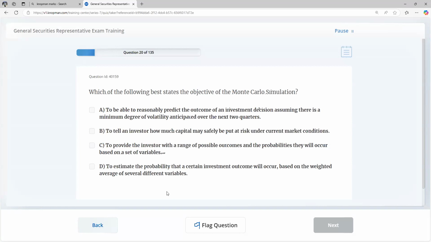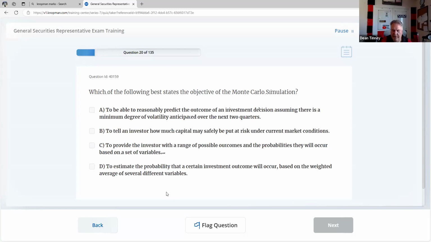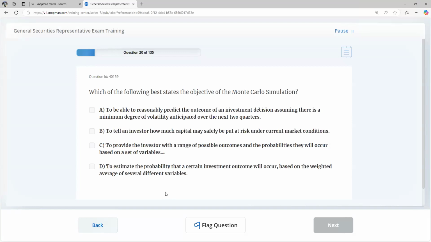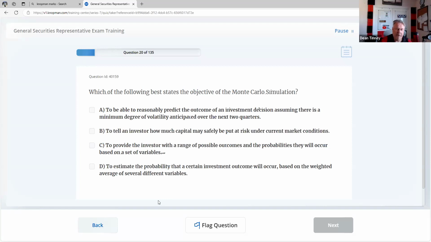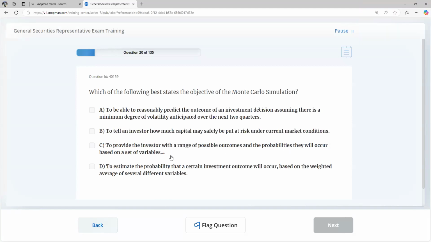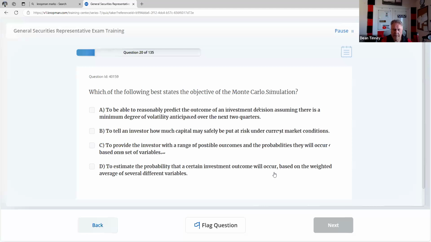I'm between C and D. I'm with you, I think it's C or D, so we've got to really decide which is better. I don't really know what this is, so I'm fully guessing. What we do is run a Monte Carlo simulation and it says we have this probability. So we have to say either it's the probabilities that will occur, or to estimate the probability of a certain investment outcome based on the weighted average of several different variables.